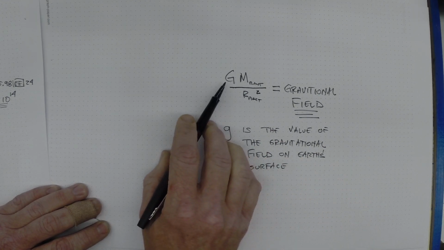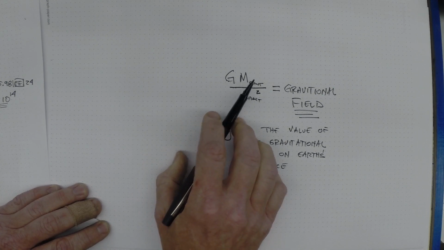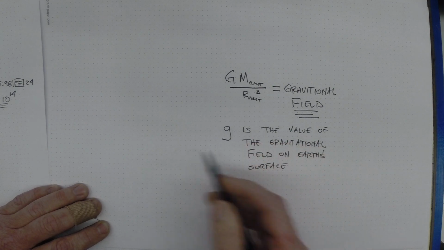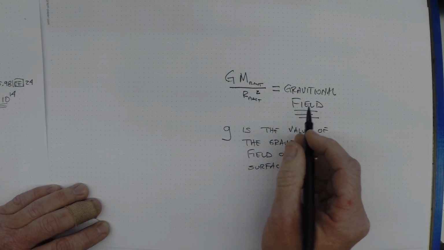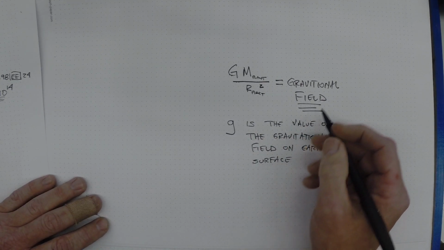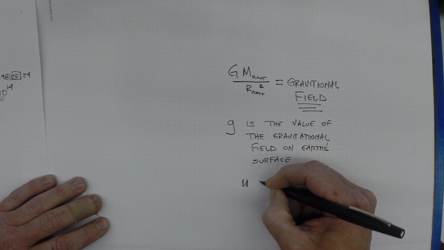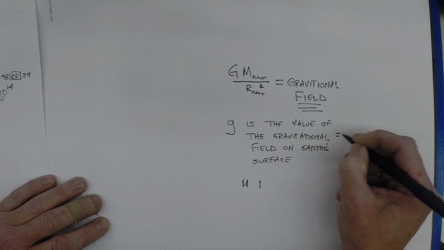That 9.8 comes from this constant times the mass of the Earth divided by the radius of the Earth squared. So this is a whole nother way to look at this. So when you have gravitational fields, what that means is it is the newtons, or we'll write it this way. Gravitational field, here we go.